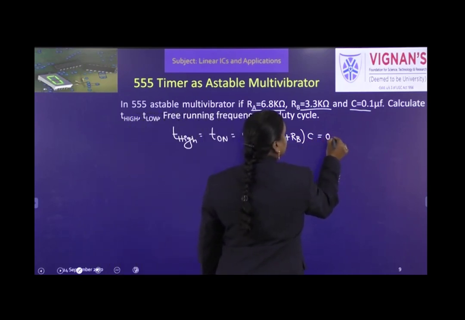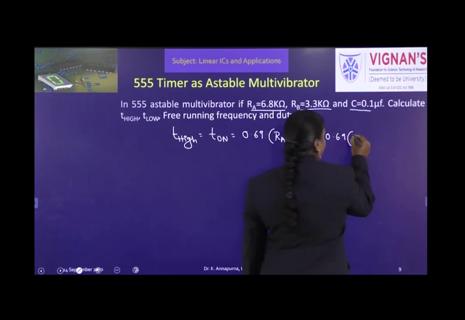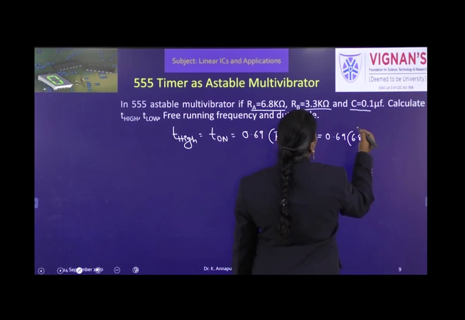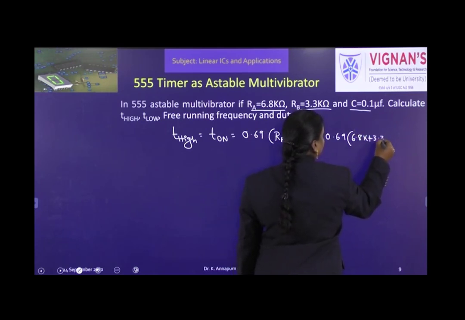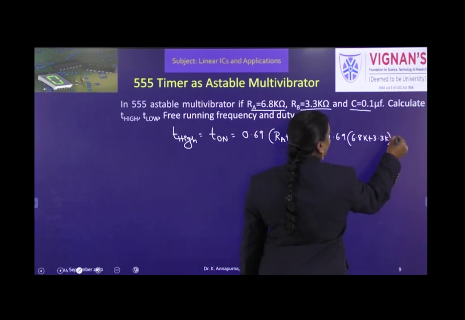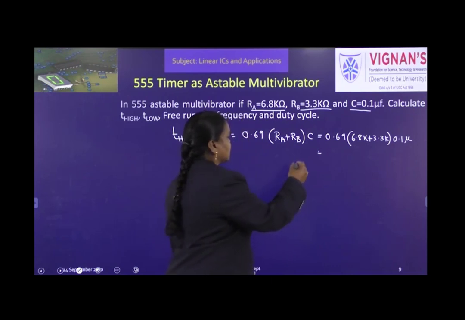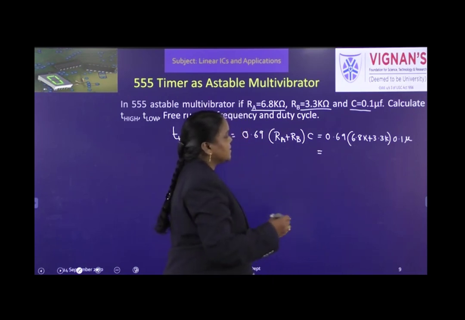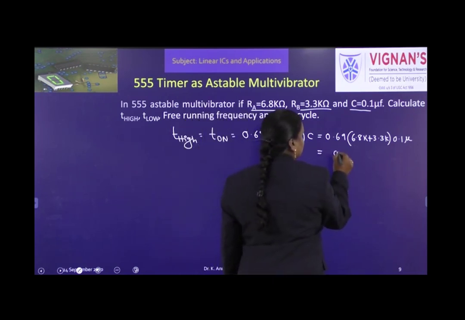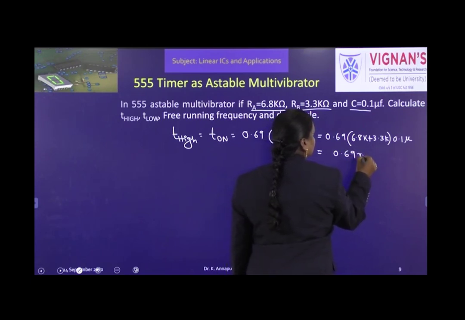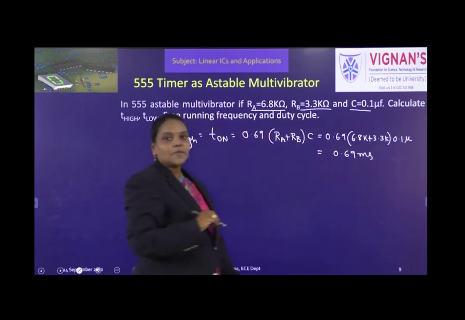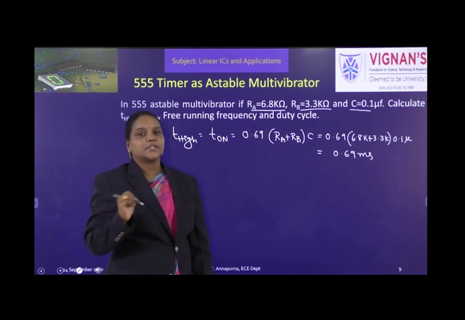So 0.69 into what is RA? 6.8K, and RB is 3.3K, into C is 0.1 micro. If I simplify this, it is 0.69 milliseconds. The on period is 0.69 milliseconds.